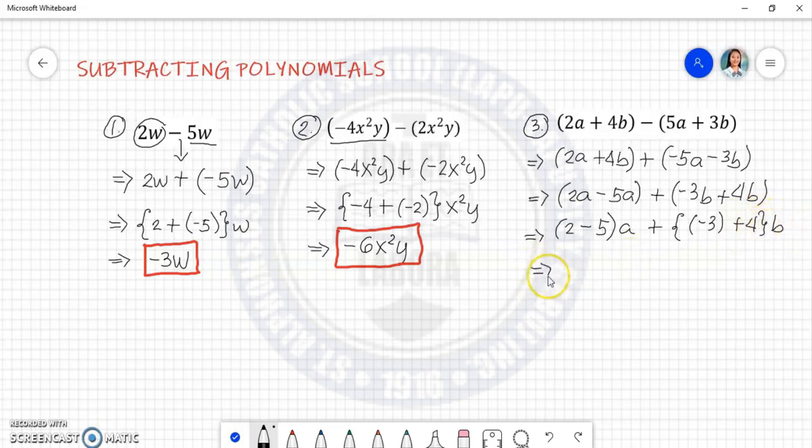Then simplify. 2 minus 5 is, yes, negative 3a plus negative 3 plus 4 is 1, and you may not write any more 1 and just write b because it's already understood that there is an imaginary 1 beside b here. And that's it. That is now your final answer.